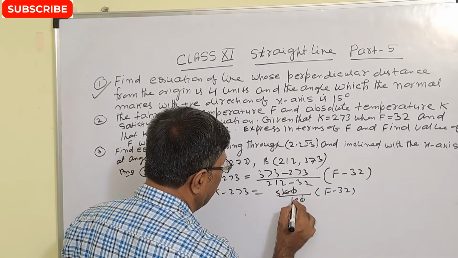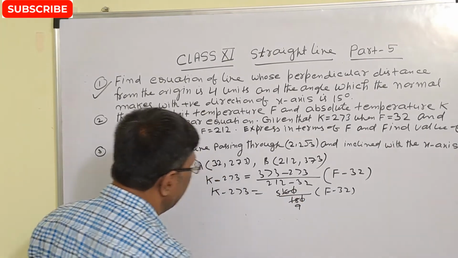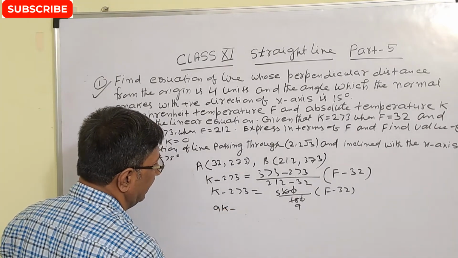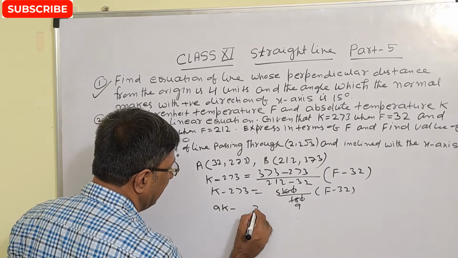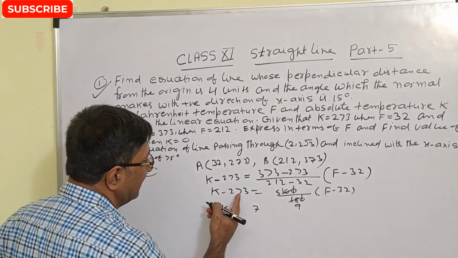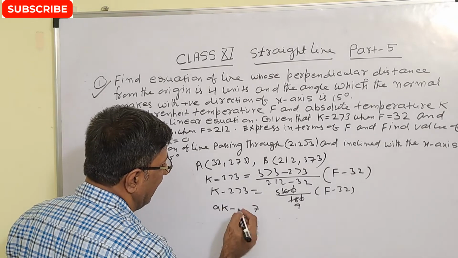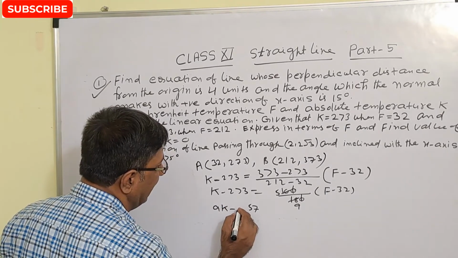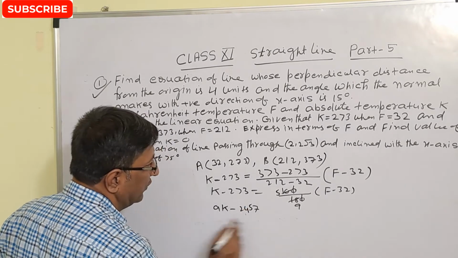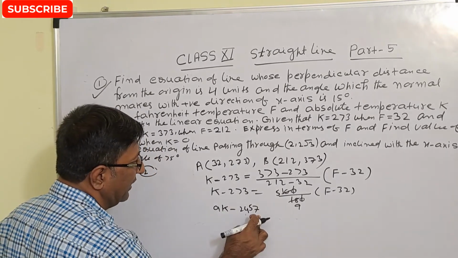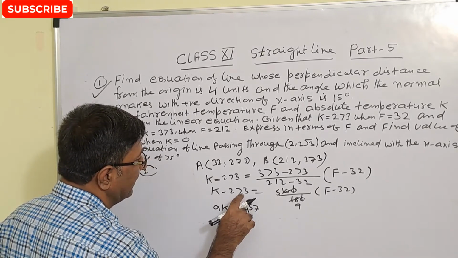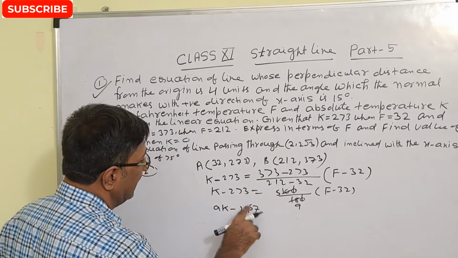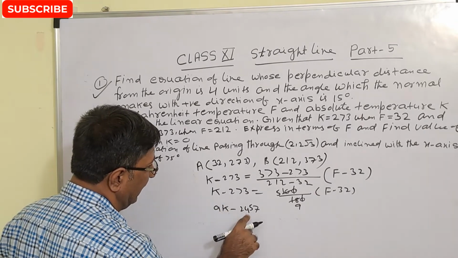2 5s are 10, 2 9s are 18. Okay, so this is 9 into k minus 273. 9 3s are 27, we carry 2. 9 7s are 63 and 2 is 65, carry 6. 9 2s are 18, 18 and 6 is 24.